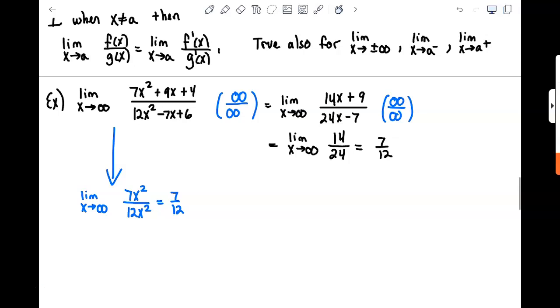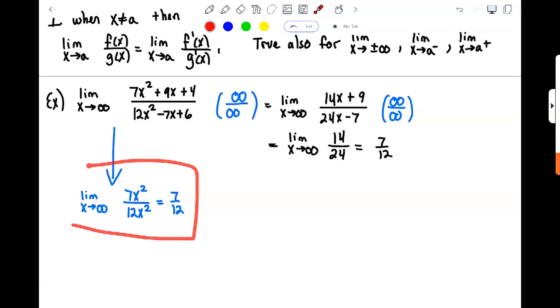It's actually a little quicker than using L'Hopital's rule. Because the long process we used back when we did these limits was to divide both top and bottom by the largest power of x. That was the long process, but that basically just can be shortened this way. And that works when you're dealing with a polynomial over a polynomial. If it's something else, then you've got to deal with it that way.